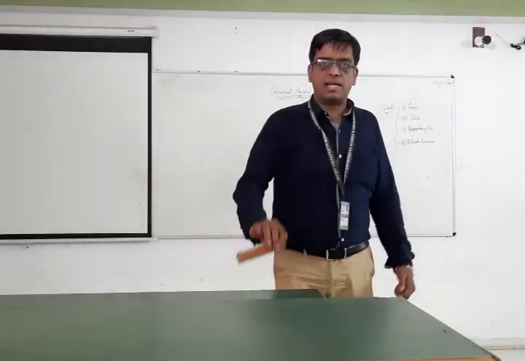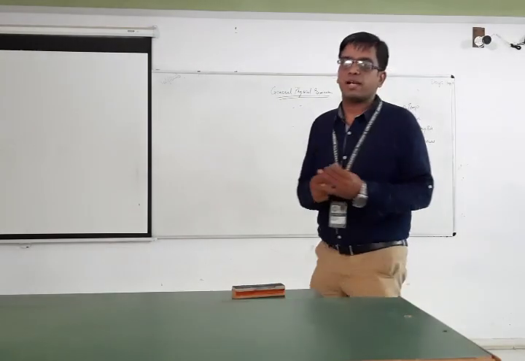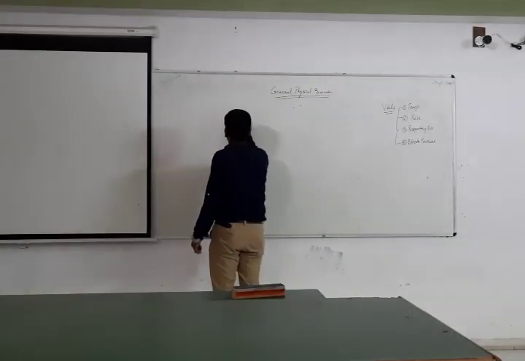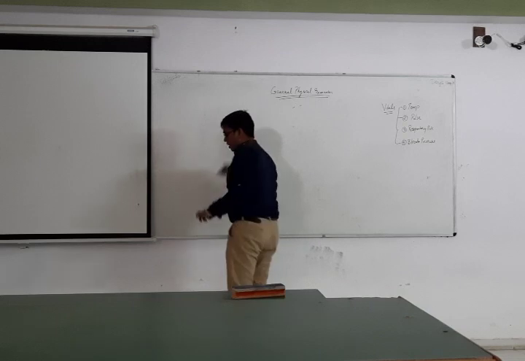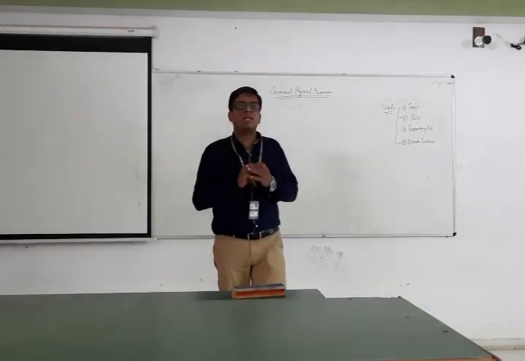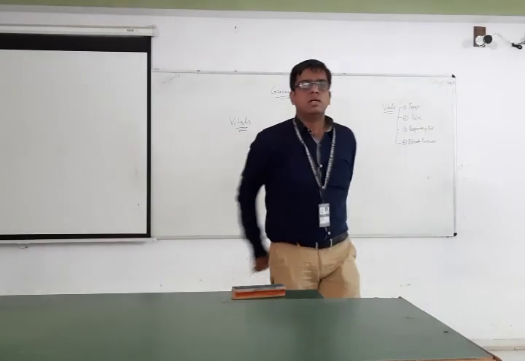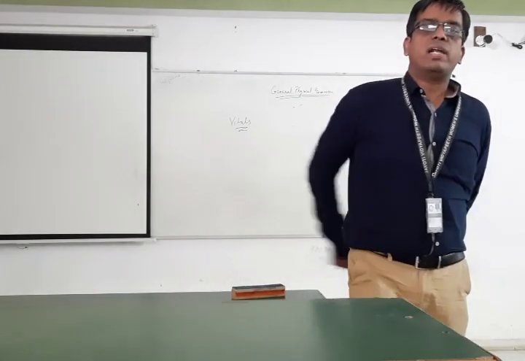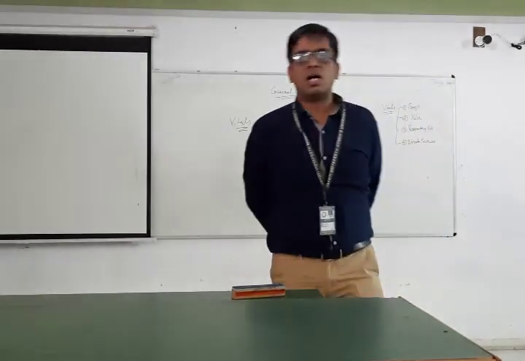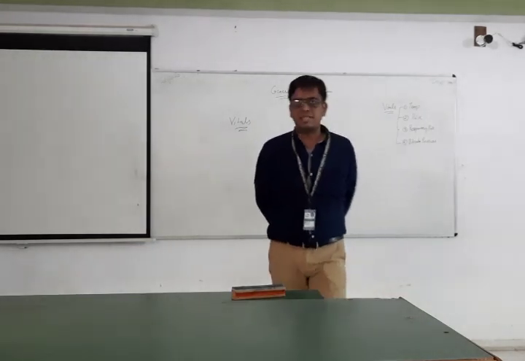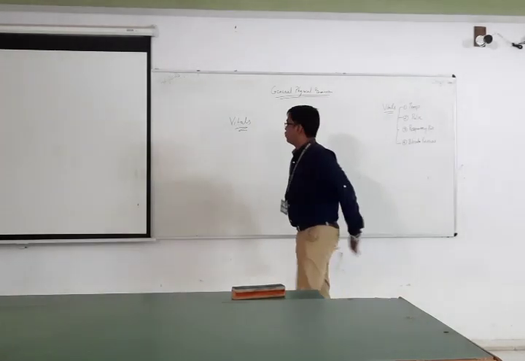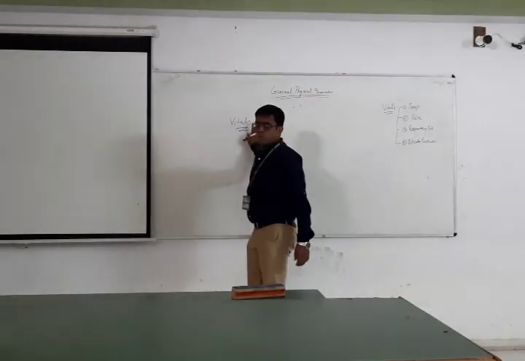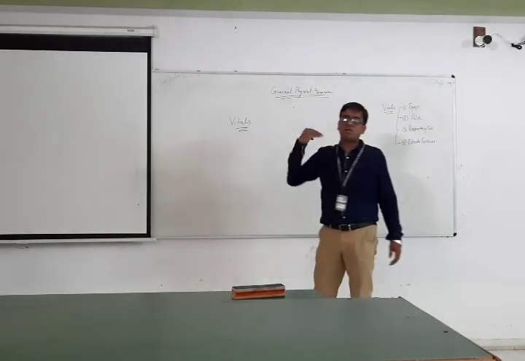Apart from these things, we also have to check the vitals. Vitals are important parameters that need to be checked when a patient comes to us. There are 4 important vitals that need to be checked whenever a patient comes to us for the general physical examination.